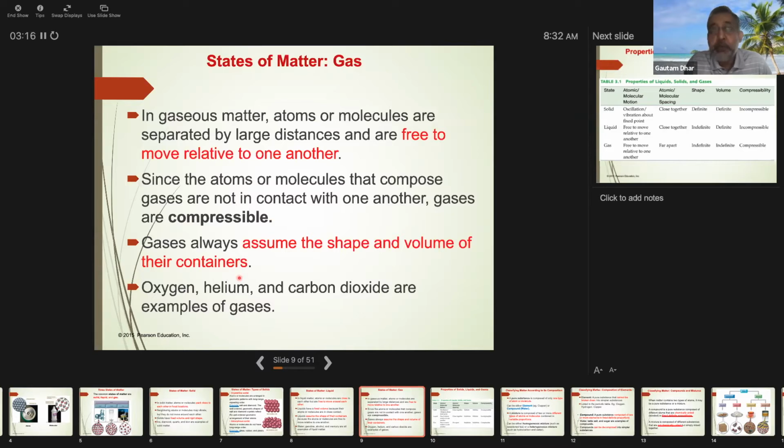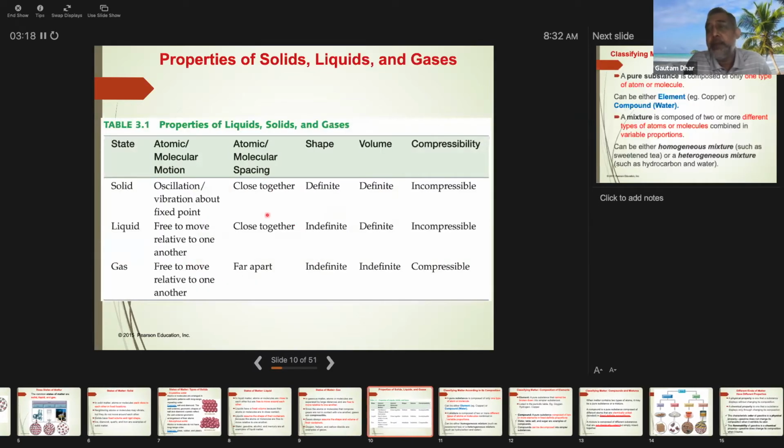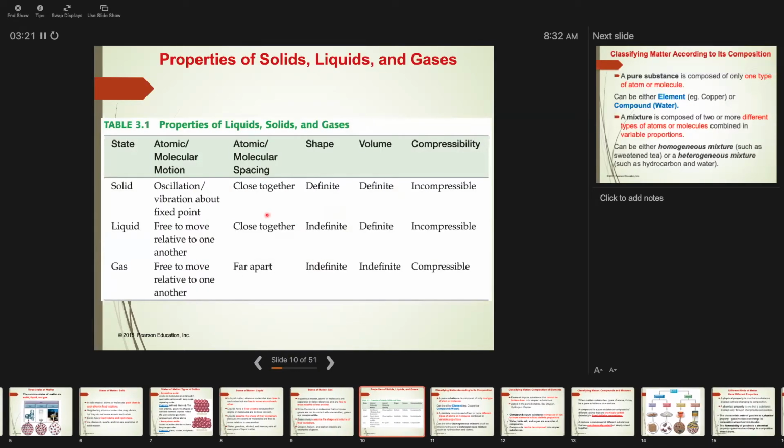Now, if you put everything together, this one slide is everything that you need. Okay. So this is the microscopic way we think about the first two columns, solid, liquid, gas. At the molecular level, the solids are very close, liquids are also close, and the gases are far apart. But in the case of liquid, they're still free to move relative to one another. But in the case of solids, they are not.